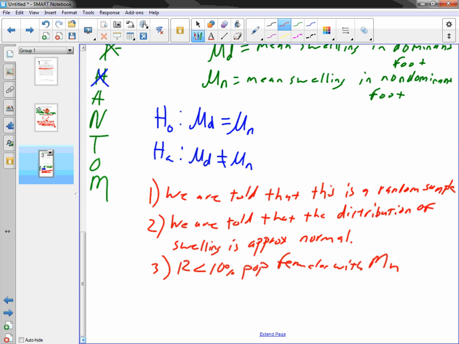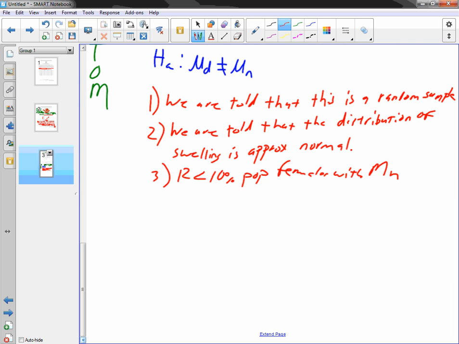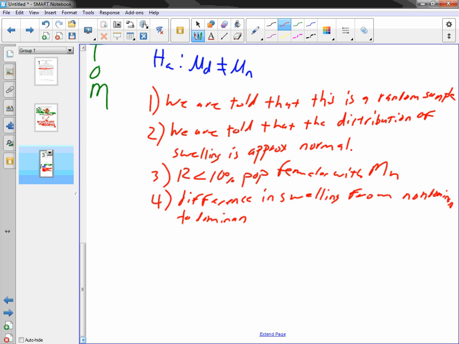The other thing that you could have done here, you may have said something about independence, okay? So we would say that the difference in swelling from non-dominant to dominant for each female can be considered independent.